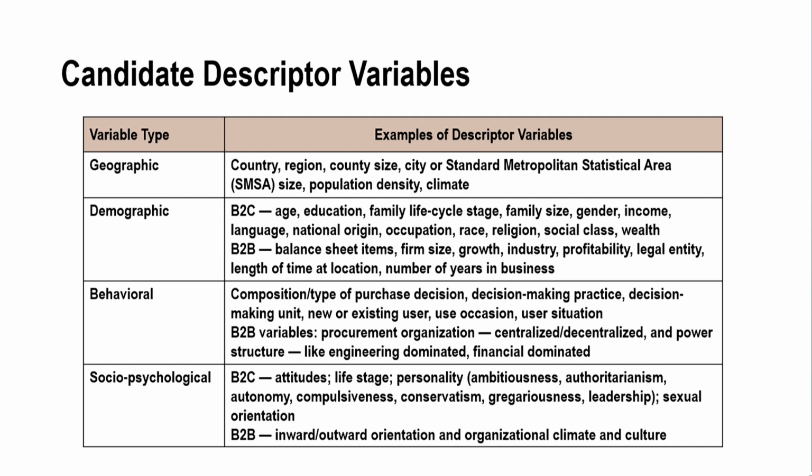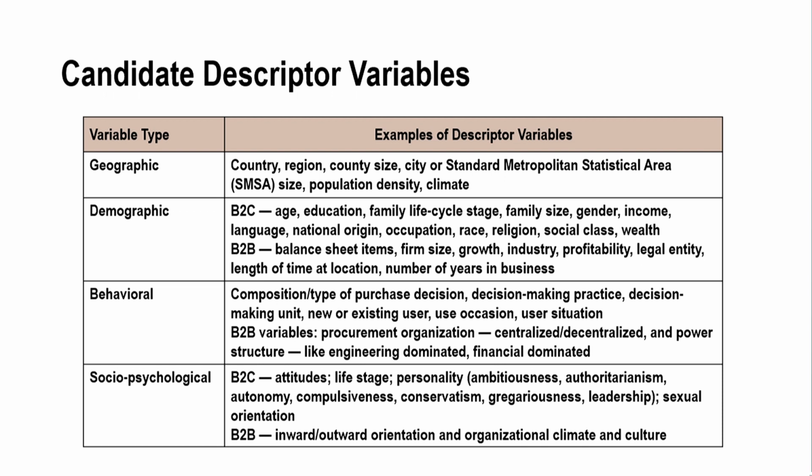And then we have socio-psychological. This is not a very widely used descriptor variable in case of B2B, though in case of B2C, the attitude, life stage, and personality characteristics are very intensely used descriptor variables.